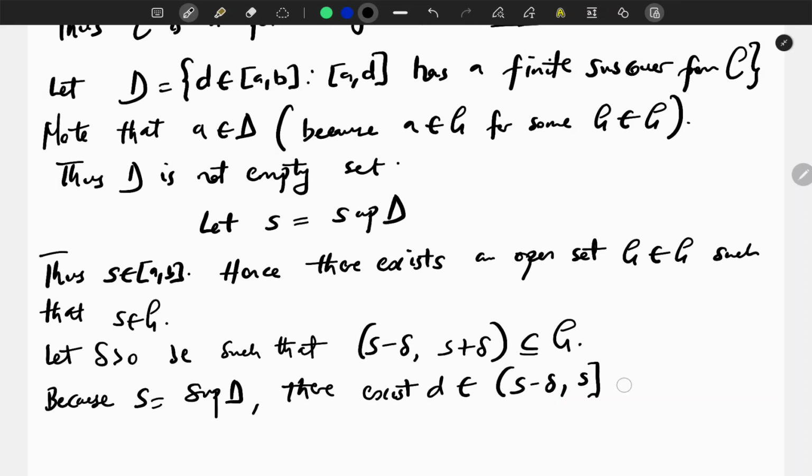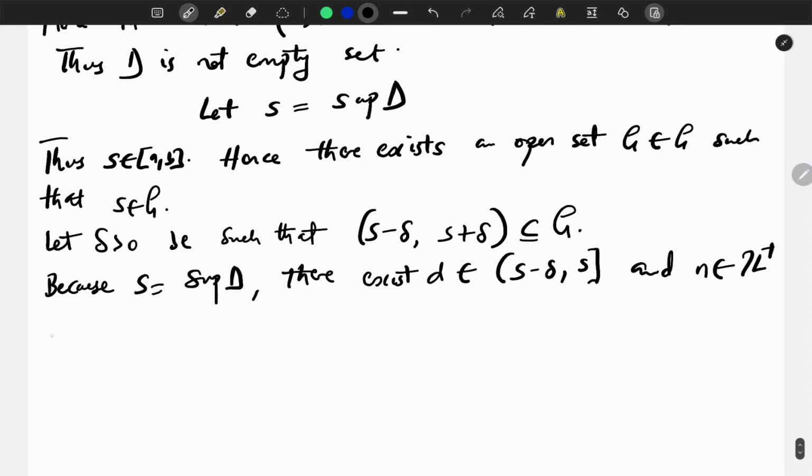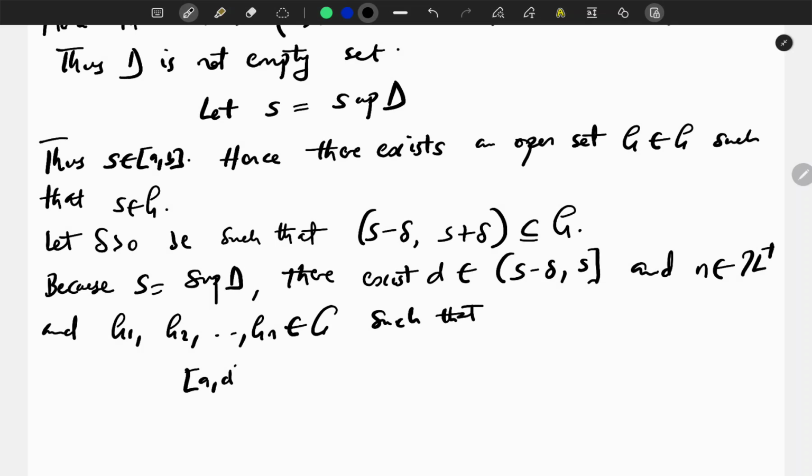And then there must be a finite collection of open sets G1, G2, ..., Gn that belongs to our collection, such that [a, d] is a subset of those sets.